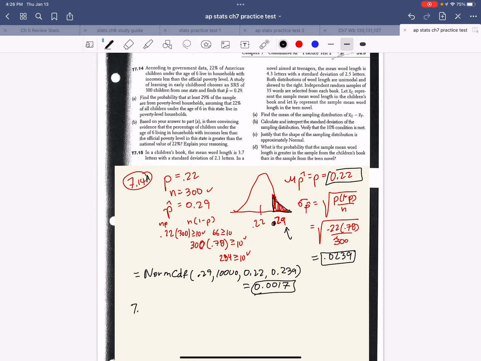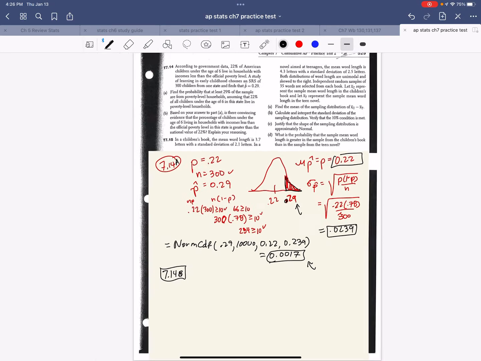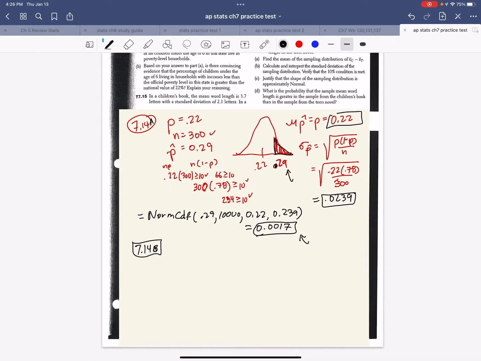That is 7.14a. So 7.14b asks, based on your answer for part A, is there convincing evidence that the percentage of children under 6 in the household with income less than the poverty level is something greater than that? And our answer is yes, we actually do have some convincing evidence here, which normally we don't.